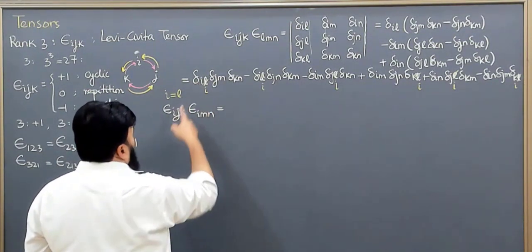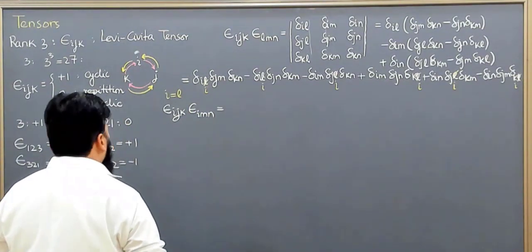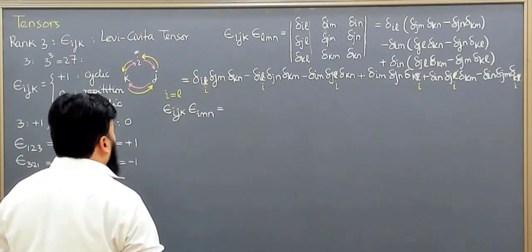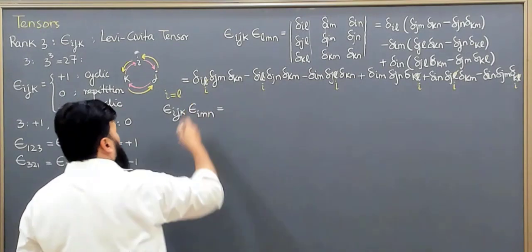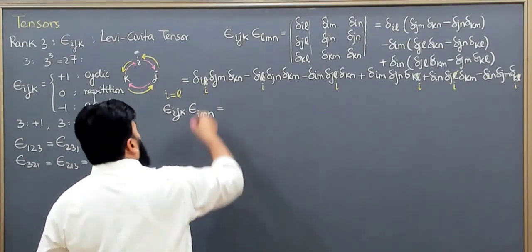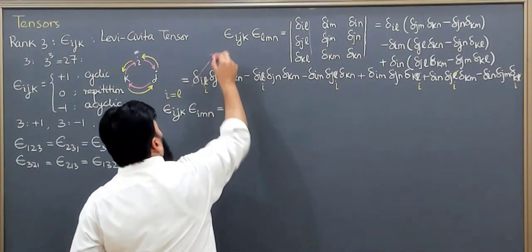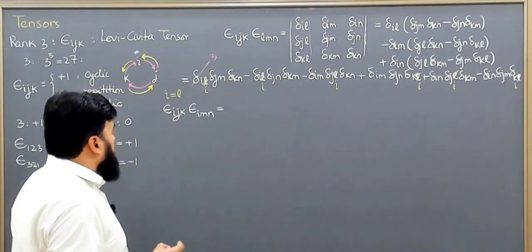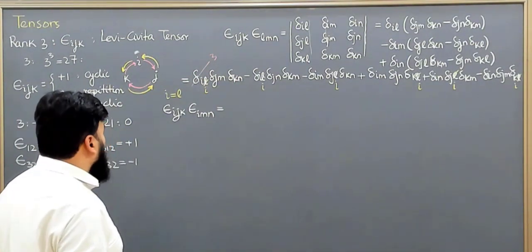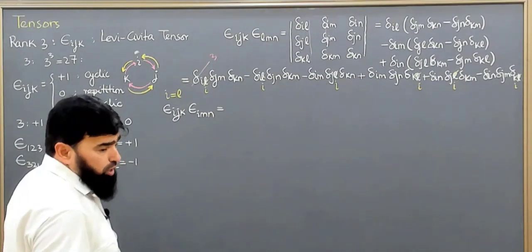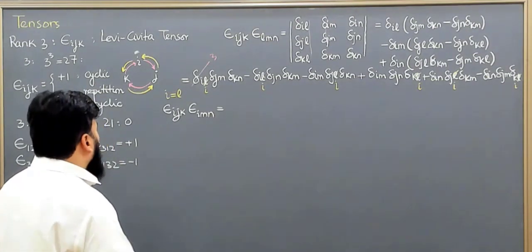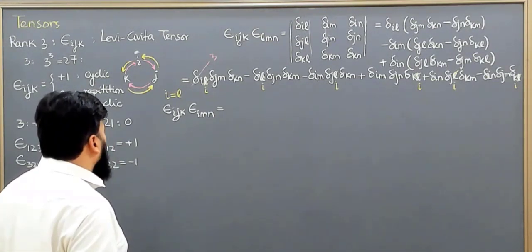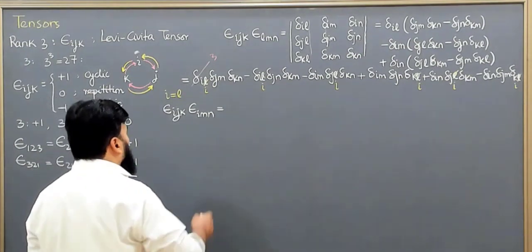From our previous lecture, we know that delta ii is equal to 3, because the summation runs over i from 1 up to 3. So this term becomes 3.